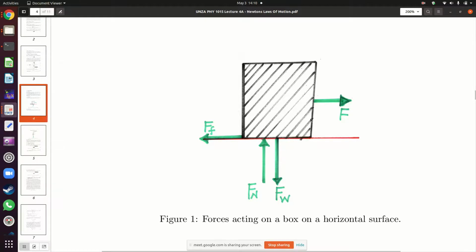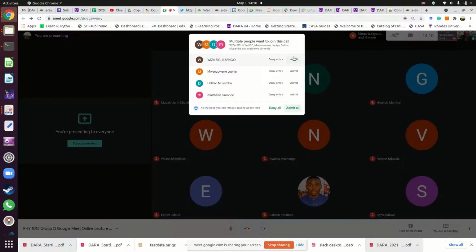So these are the forces which we can identify. Our interest is to find the resultant force along this horizontal direction and also along the vertical direction. We want to find the resultant along the vertical. We want to find the resultant along the horizontal. Are we clear?